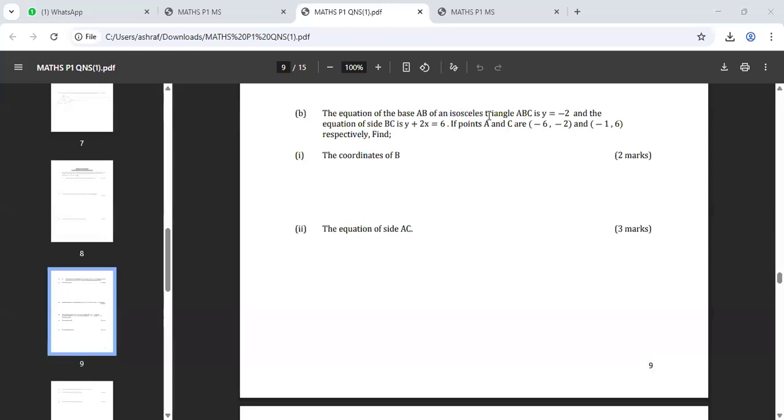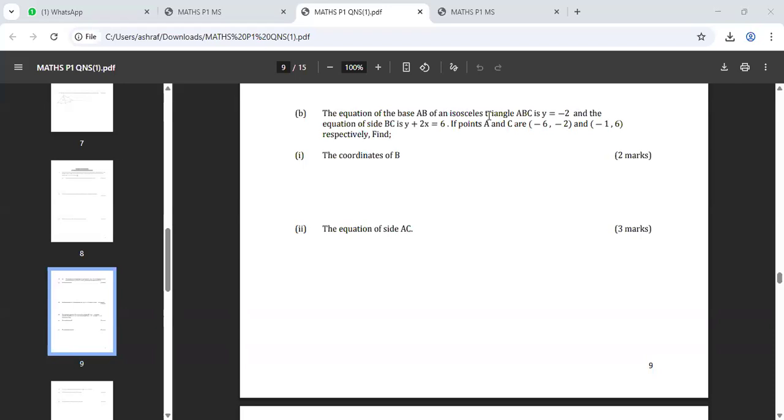Okay, let me just take you through. Our gradient of BC, if you write the equation, is supposed to be y is equals to -2x plus 6, isn't it? So our gradient is -2. Then we can find the change in y over change in x. So change in y is 6 minus -2, that will be 8. That will be 8 over -1 minus x, which is equals to -2.